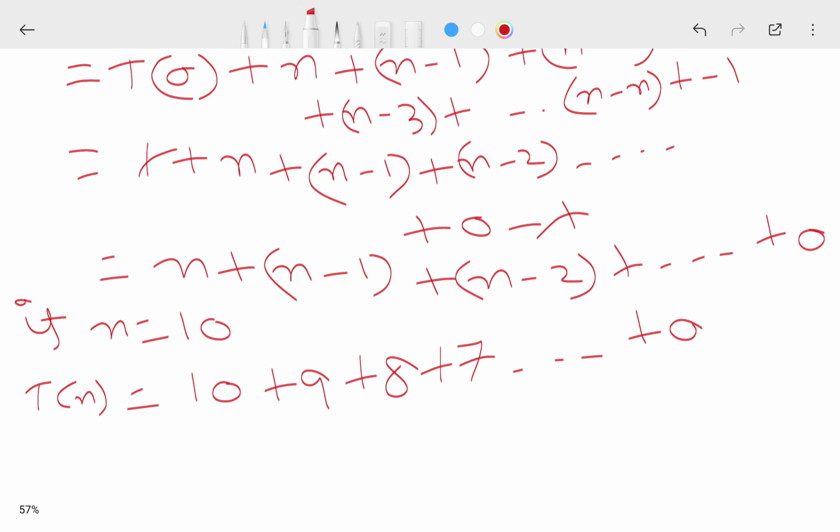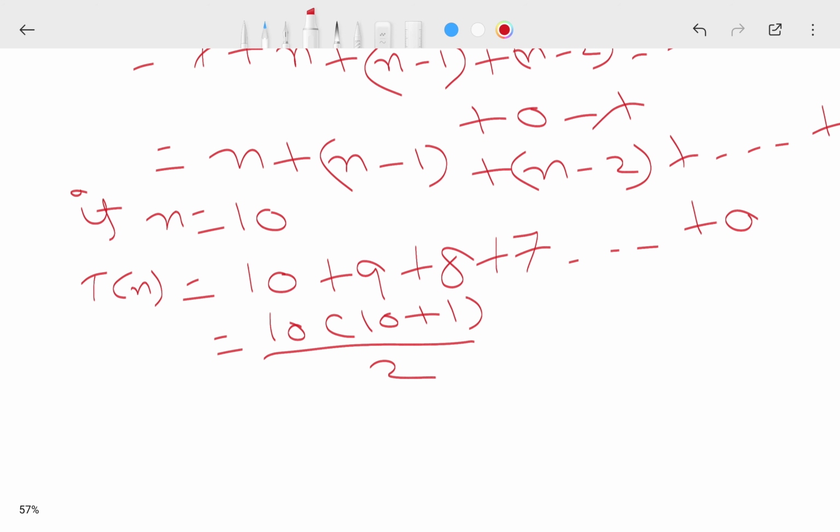So this is nothing but the sum of the first 10 numbers, which is 10 into 10 plus 1 by 2. So this is t of 10.